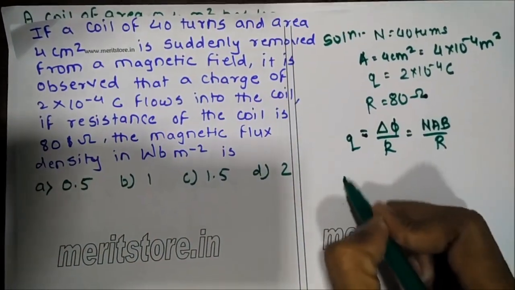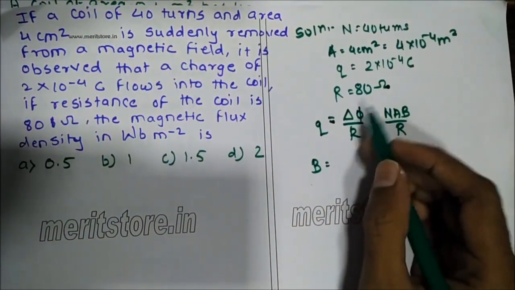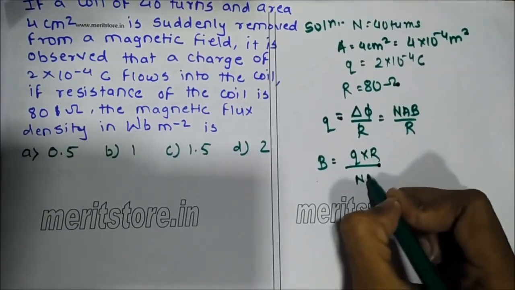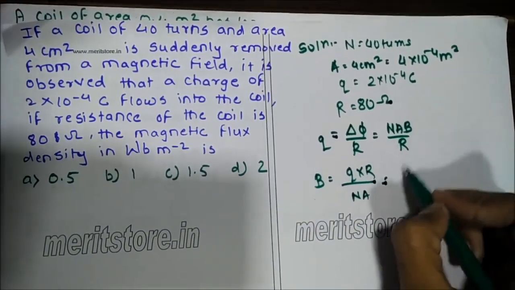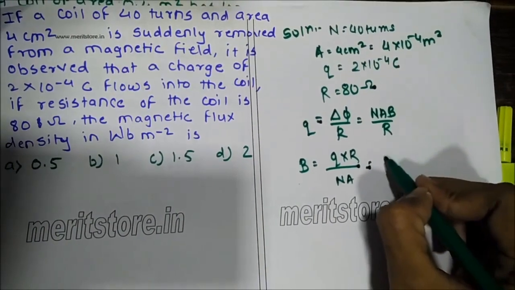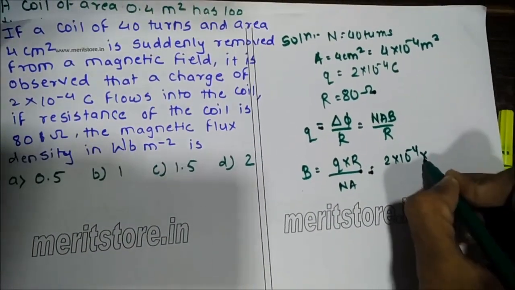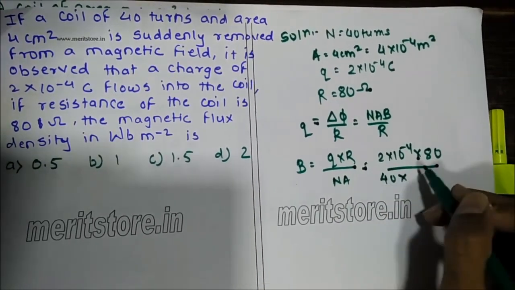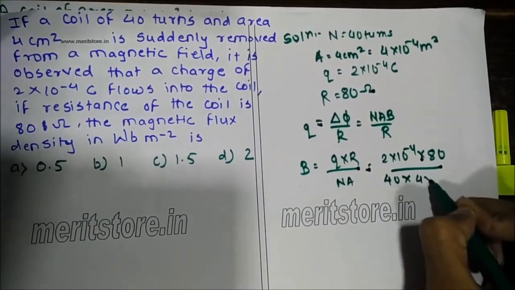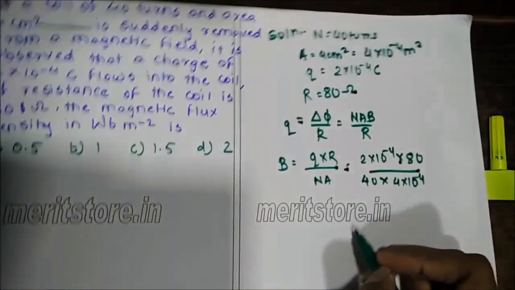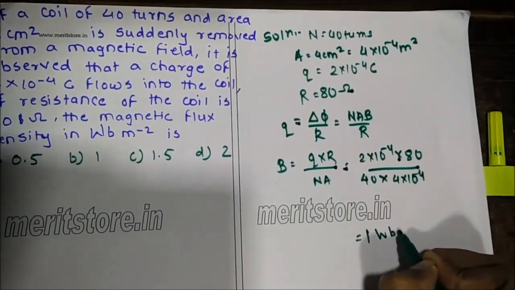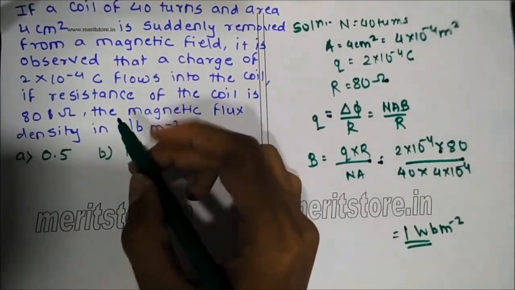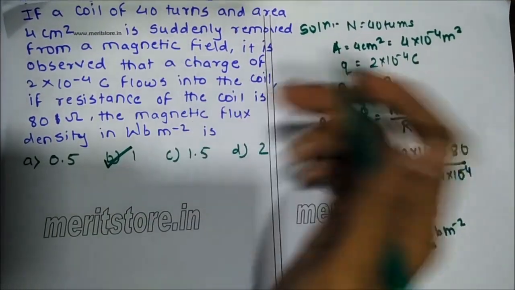So the magnetic field B becomes equal to Q into R upon N into A. Applying the values, Q is 2 into 10 raised to minus 4 into R, which is 80 ohms, upon the number of turns of the coil, 40, multiplied by the area, that is 4 into 10 raised to minus 4. The entire answer comes out to be 1 Weber per meter square. So your correct option is option number B.